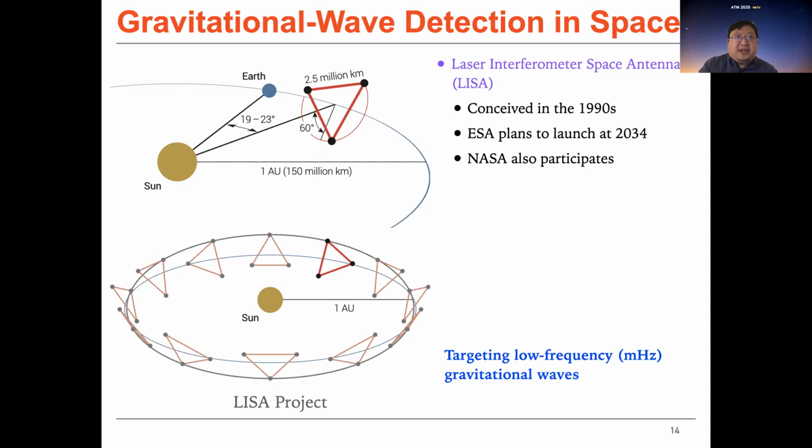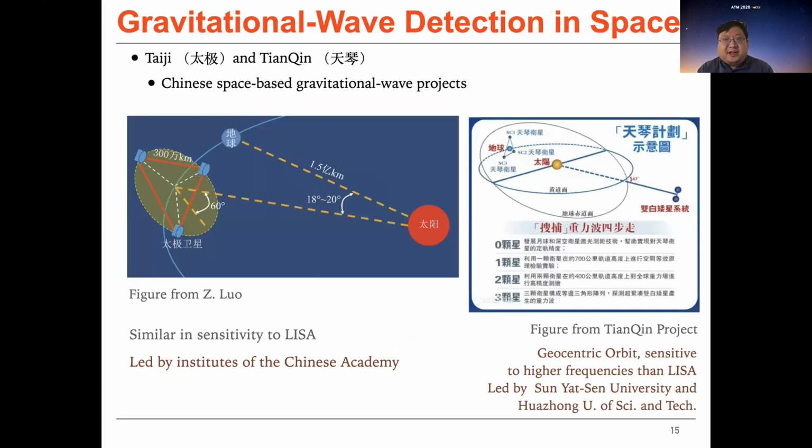The LISA project is an interferometer that circles the sun, and the arm length is 2.5 million kilometers. There are also the Taiji and Tianqin projects, proposed by Chinese scientists. The Taiji project is very similar to the LISA project; I think it takes LISA as a model.